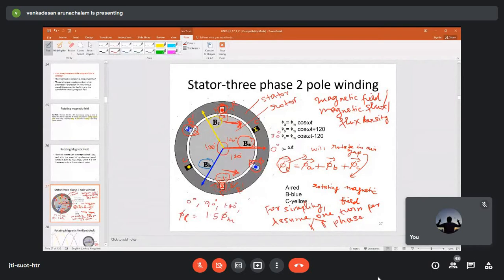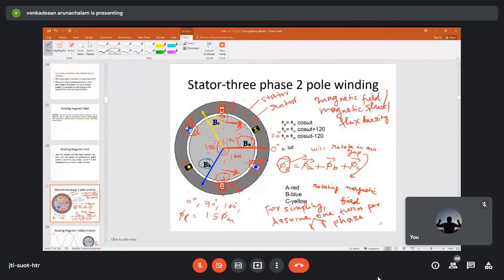Right? And if the flux produced by each winding is 120 degree apart, how is it produced? Only when you place the winding like that. So this winding is placed like this, this winding like this, and this winding like this.